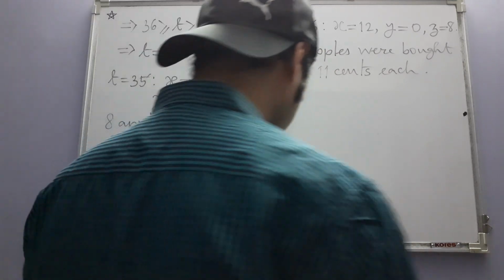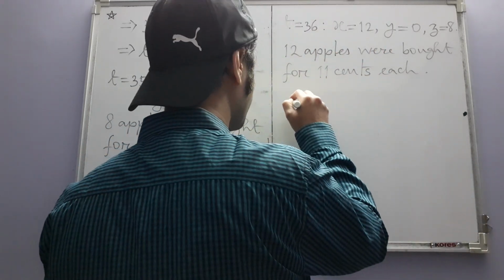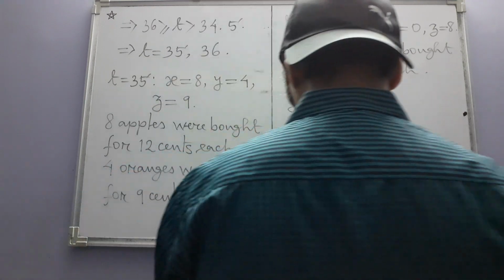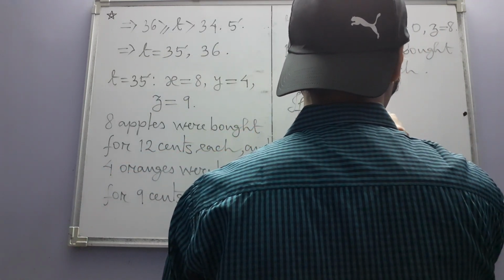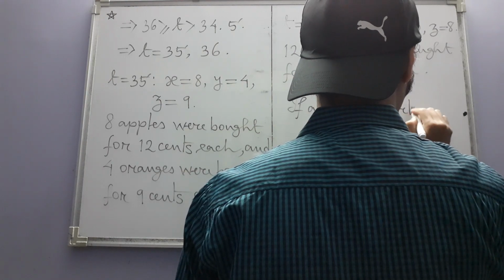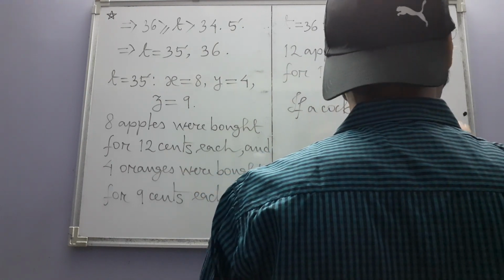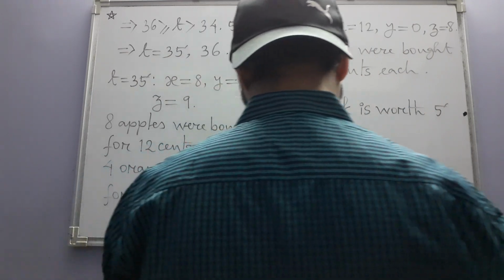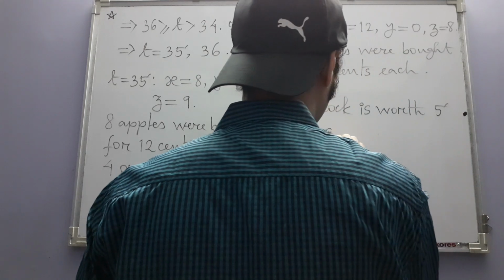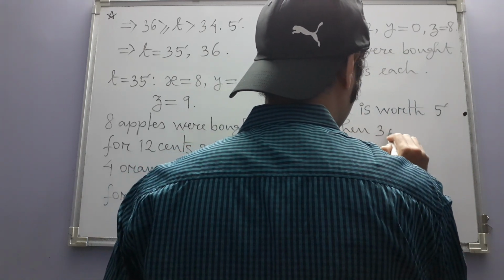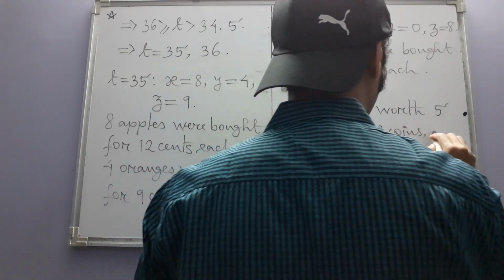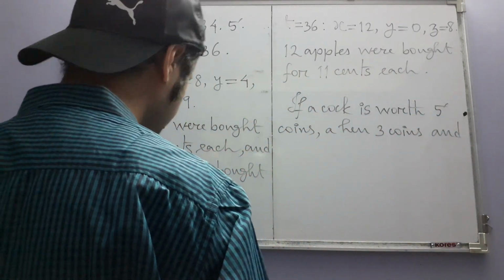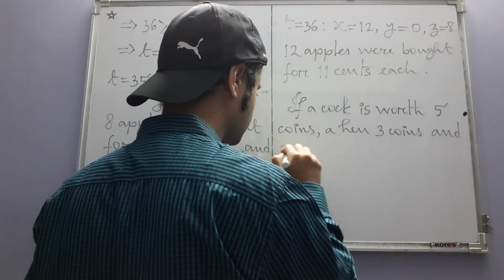And the statement of the problem is this: if a cock is worth 5 coins, a hen 3 coins, and 3 chicks together 1 coin.